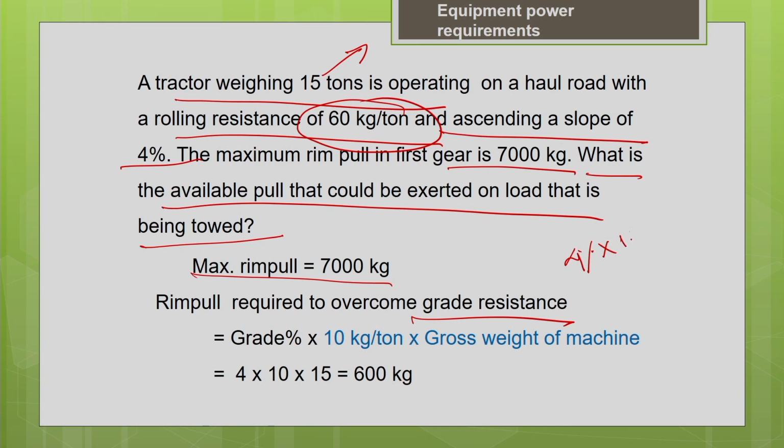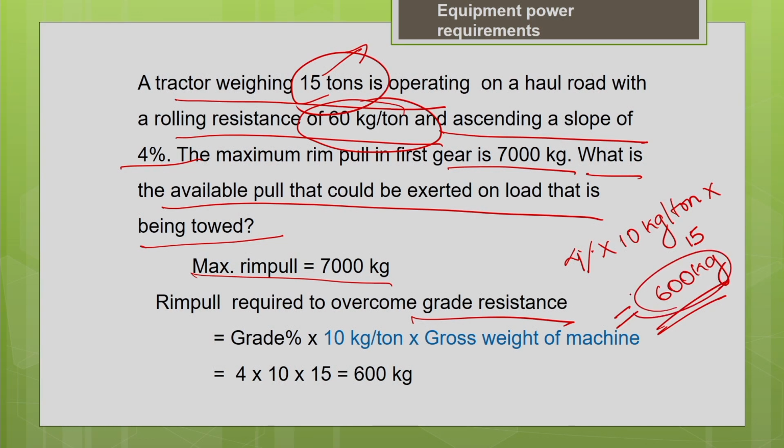So 4% multiplied by 10 kg per ton, multiplied by the gross weight of the machine, which is 15 tons, gives the total tractive effort required to overcome the grade resistance. If you multiply this, you get 600 kg. So this much rim pull is needed to overcome the grade resistance.